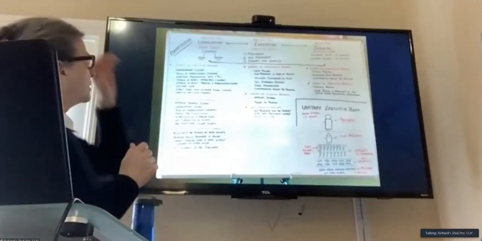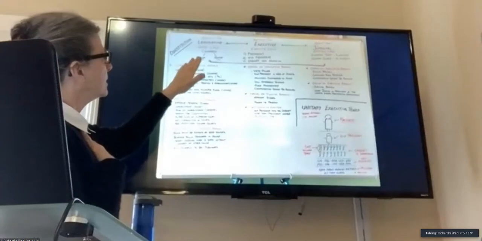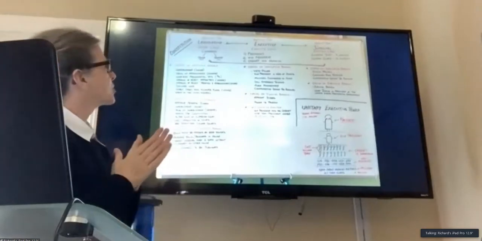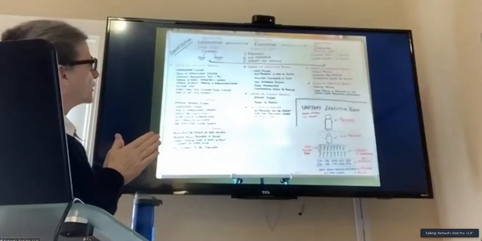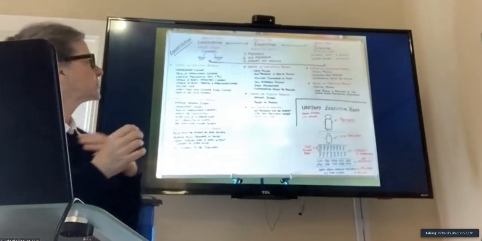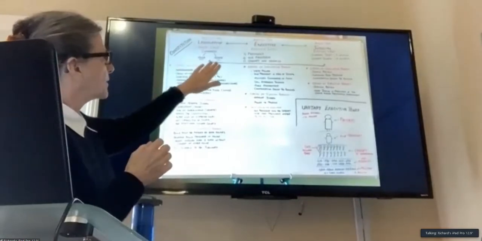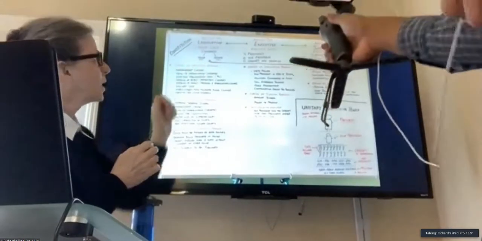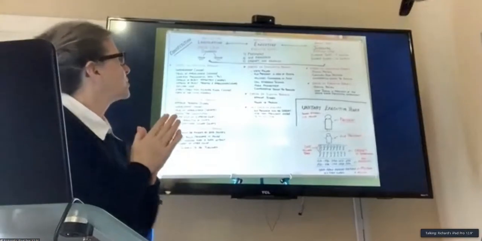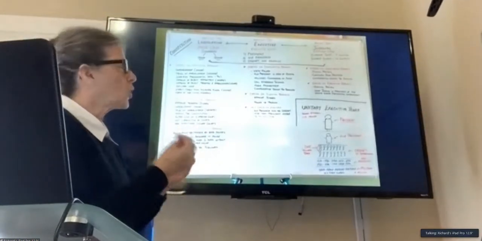So we have from the Constitution, Article 1 is the legislative branch, and it makes the laws. That one branch is divided into two, which is the House and the Senate. Article 2 of the Constitution gives us the executive branch, and it executes the laws.